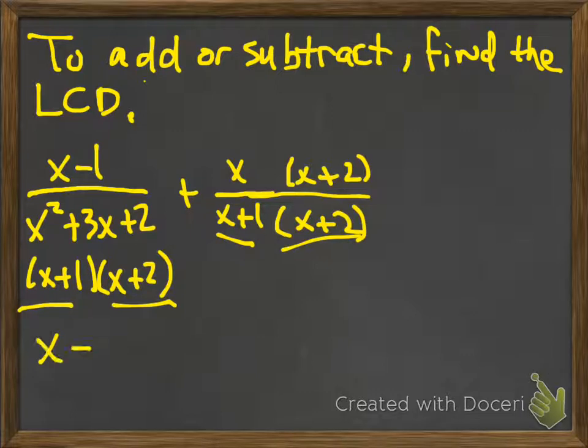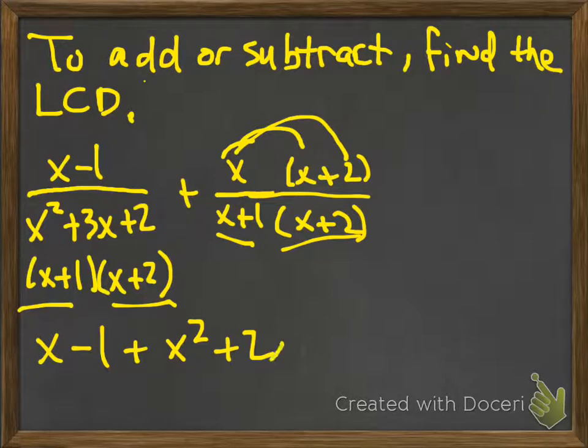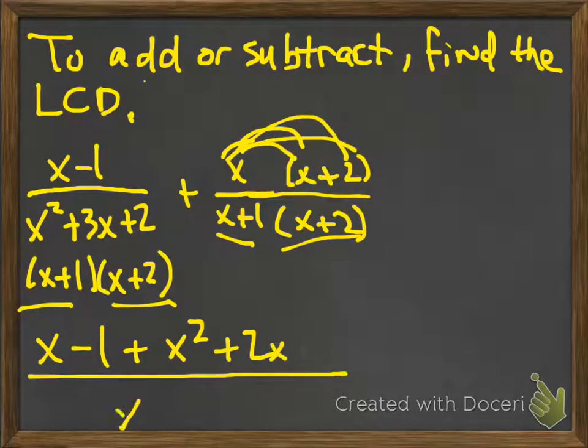So that gives me x minus 1 plus, and I'm going to multiply this as I'm writing it out, x times x is x squared, x times 2 is 2x, all of that over the x plus 1 and x plus 2.